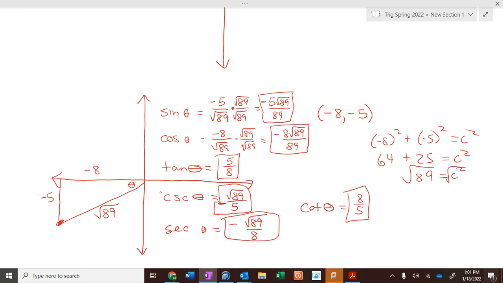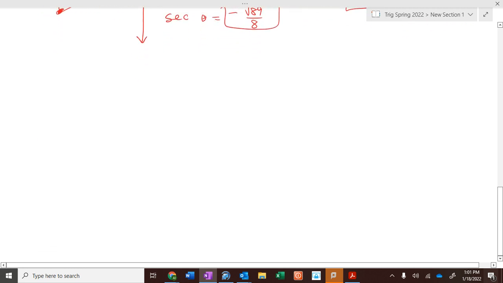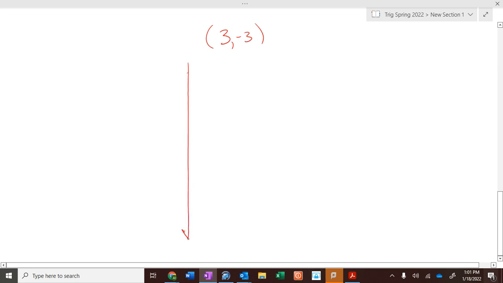Let's do one more, and then I'll let you go on to the assignment. How about we have 3, -3? 3, -3. What quadrant am I going to be in? Quadrant number 4.